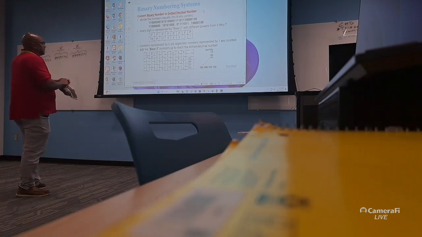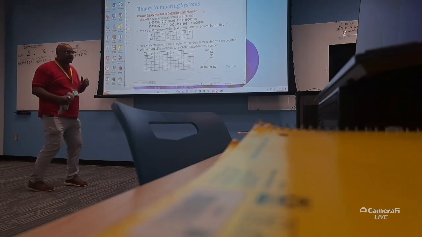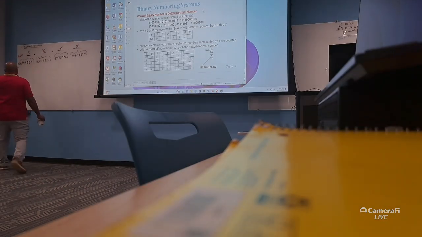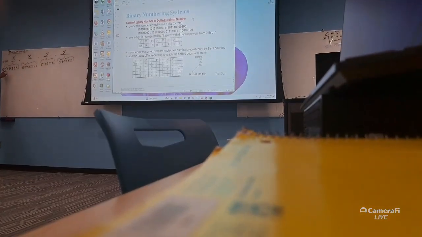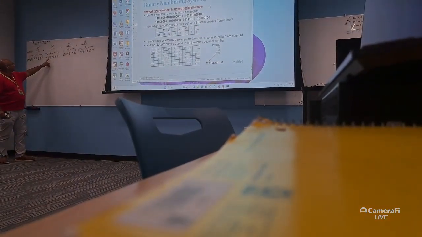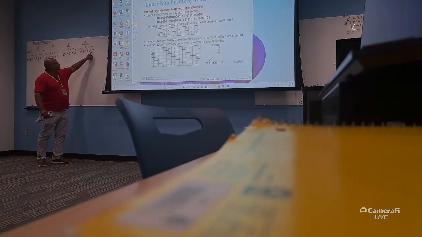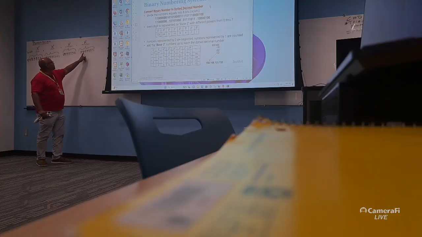So now, this is how it works. If you're given a bunch of ones and zeros, for each one of these little areas, it's always in eights. 1, 2, 3, 4, 5, 6, 7, 8.